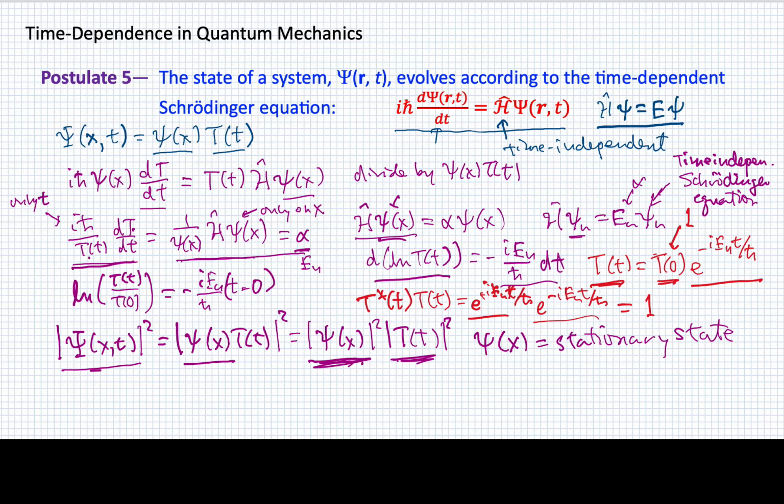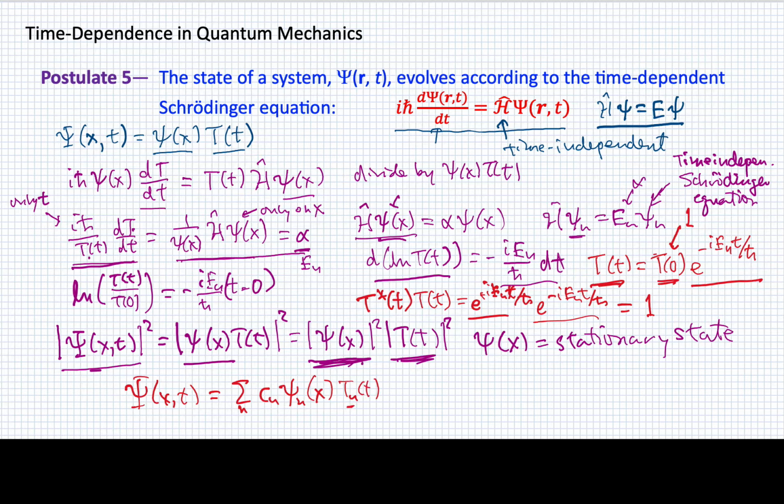All right, so when we are done with all of this, you may wonder, well, why are we bothering with this time-dependent part? Well, in general, we can write a general state, psi of x and t, as a weighted sum over all of the eigenstates times the corresponding time-dependent functions.